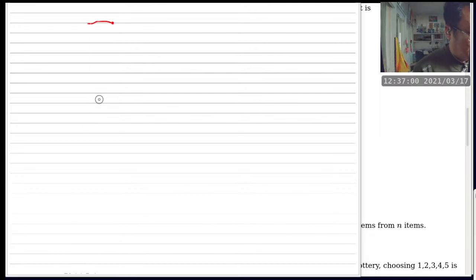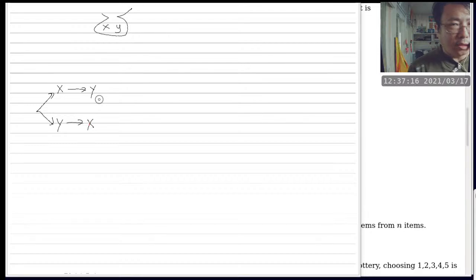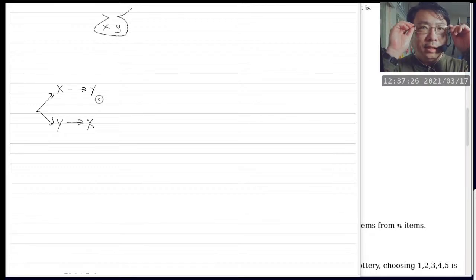So this time we imagine that we have a bag, we have X and Y in it. This one is pretty easy, right? The first thing we can choose would be X or Y, but if we choose X first, then the second thing has to be Y. If we choose Y first, the first thing has to be X. Right? Okay, so that tells you that if I have two things and ordering is important, then we end up with two ways of organizing those things.